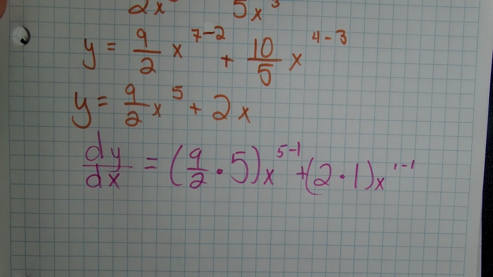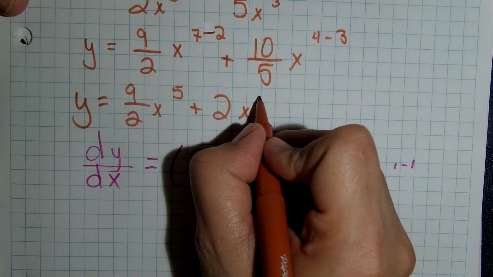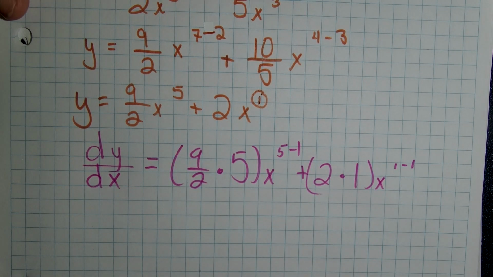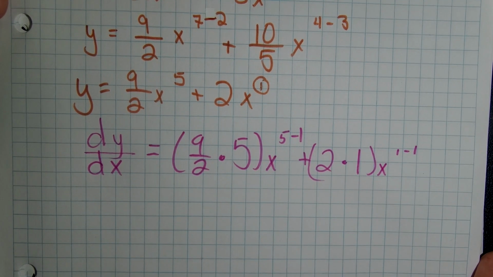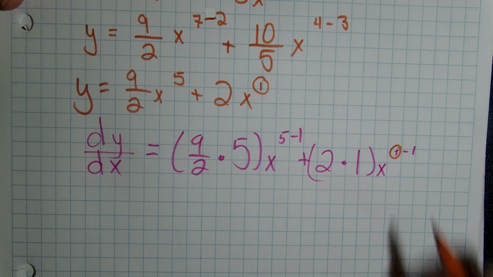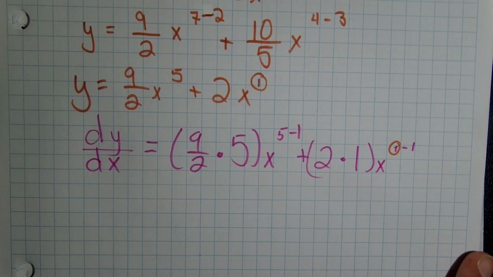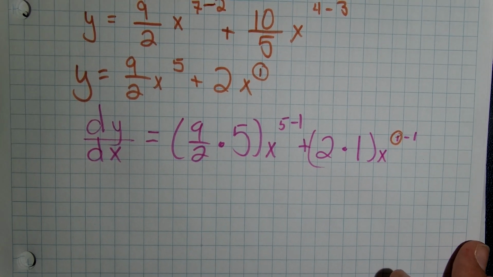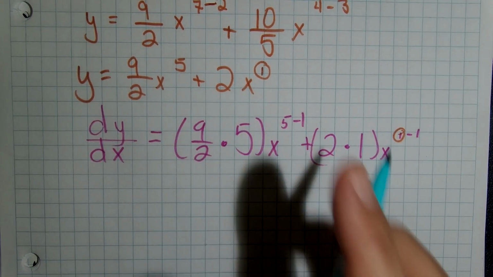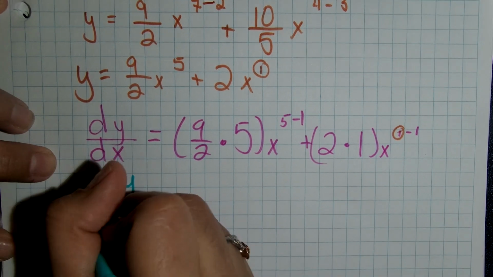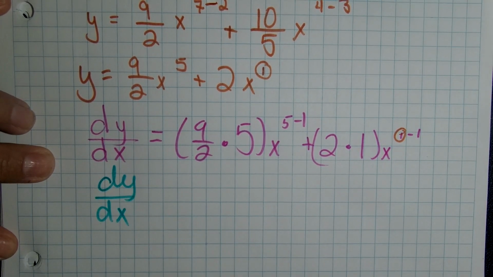Yeah, the understood exponent when there's no exponent is 1. That's where that came from. Okay? What's 4? The exponent will be 4, yeah. So the final answer will be dy dx.